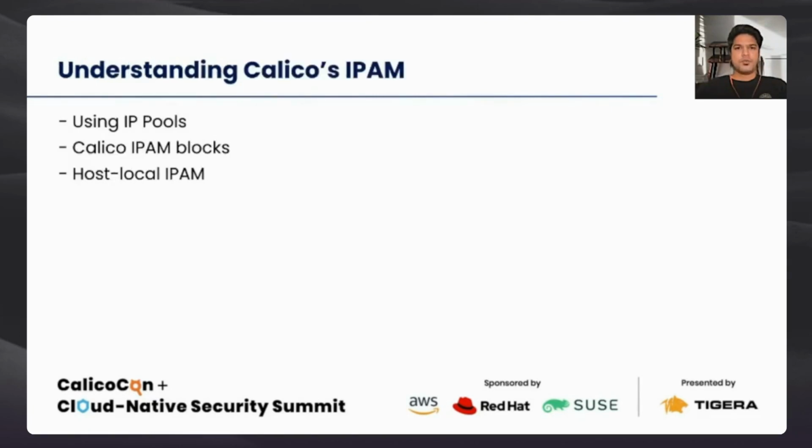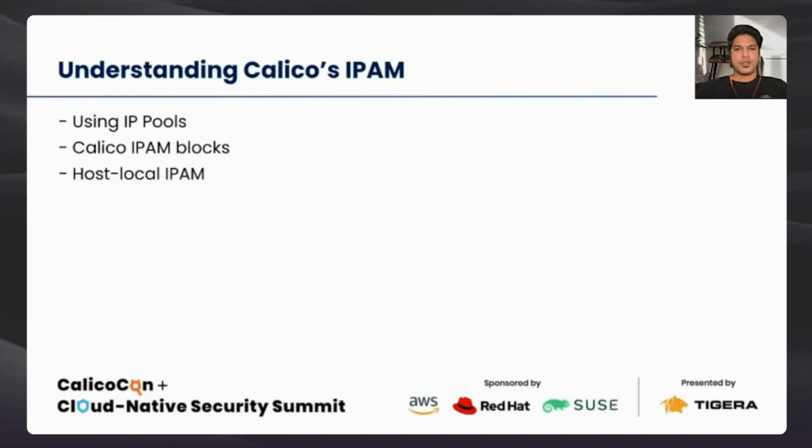Let's quickly go over how Calico's IPAM works at a high level. Its primary goal is to provide efficient usage of the cluster's IP address space in a way that's flexible enough to meet a variety of deployment architectures. At a high level, Calico uses IP pools to define what IP ranges are valid to use for allocating pod IP addresses.